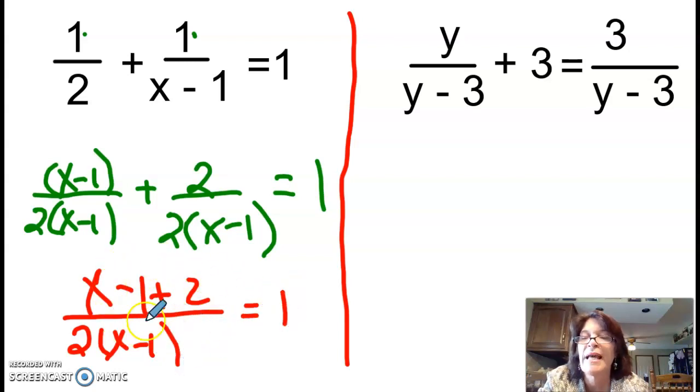Combine my like terms, negative 1 plus 1 is 1. So it looks like I have x plus 1 over 2 times x minus 1 equals 1. Now, as soon as I have a fraction equal to just a number, I can multiply the denominator by the other side.